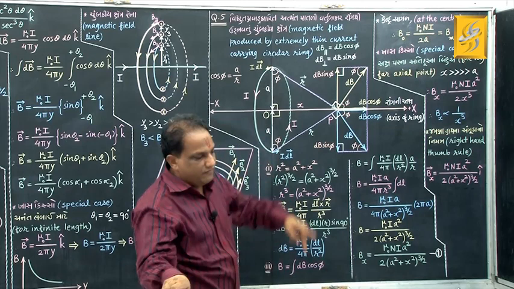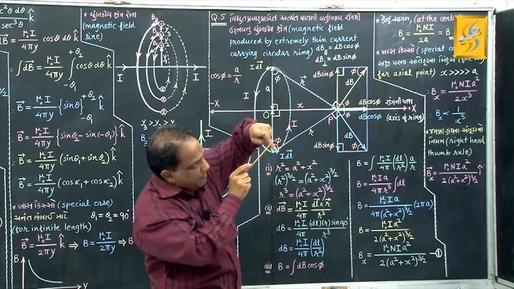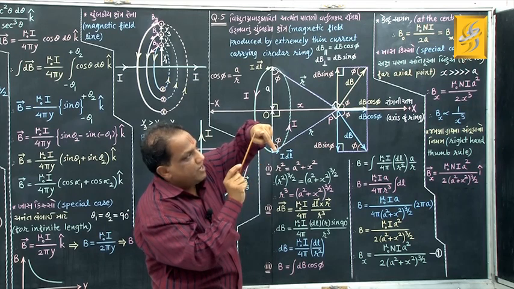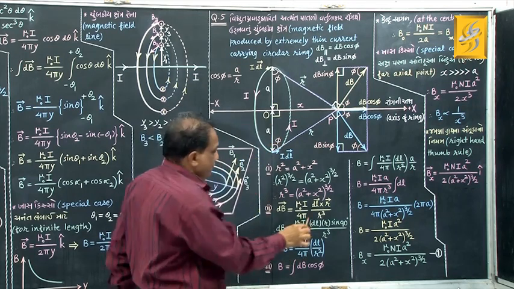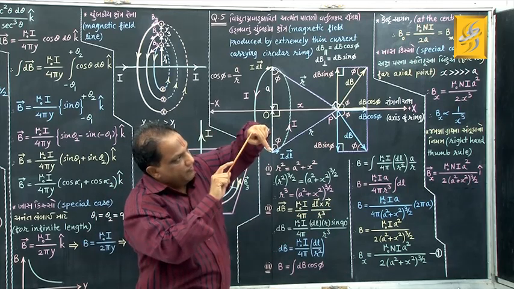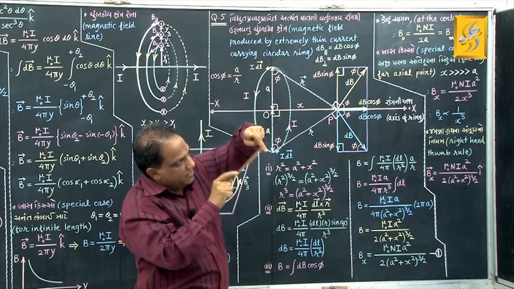Now you should think of one right-handed screw perpendicular to that plane, and then you must rotate this screw in a manner first vector rotates towards second vector. First vector is vector dl, second vector is vector r. I am supposed to rotate vector dl towards vector r this way, correct?